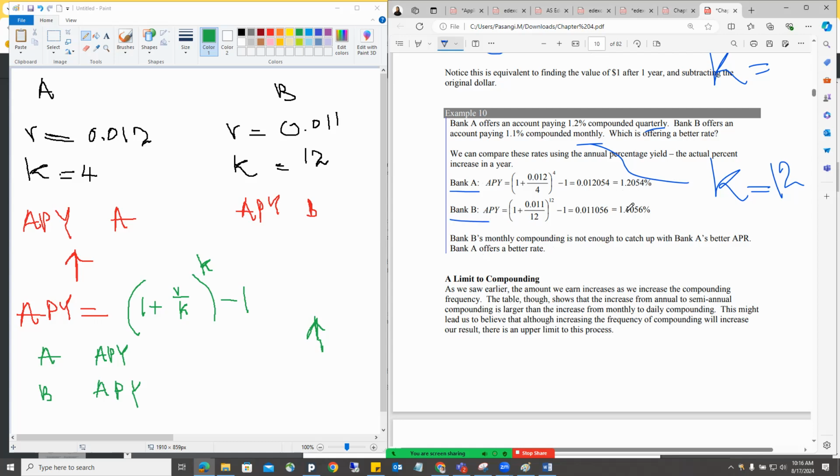If you calculate the bank B annual percentage yield, there we have 1.1%. So the best one would be the one which has the better rate, that is bank A. So more rate means more interest, which is good.